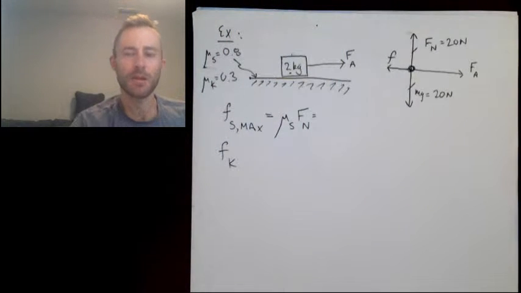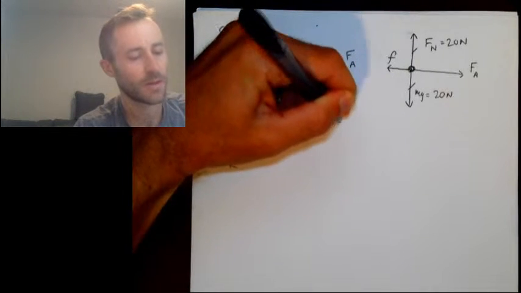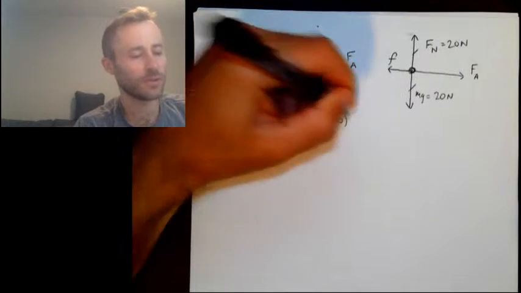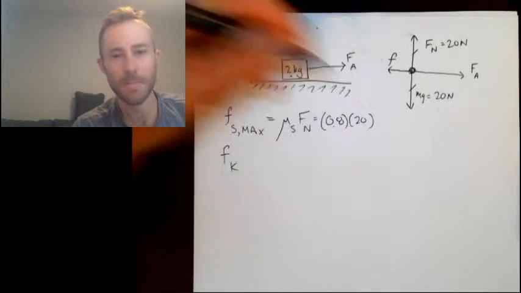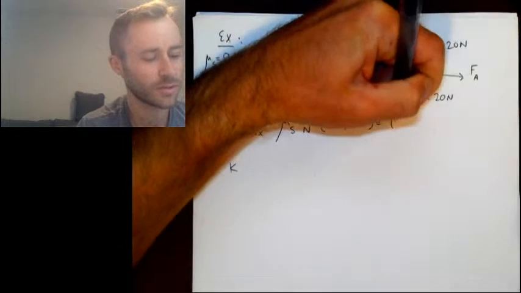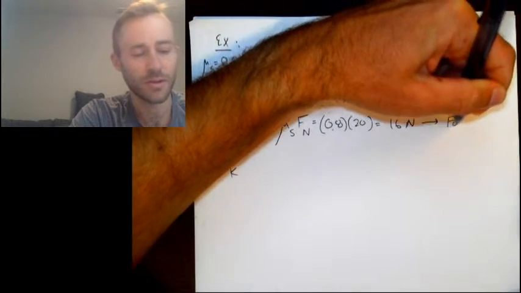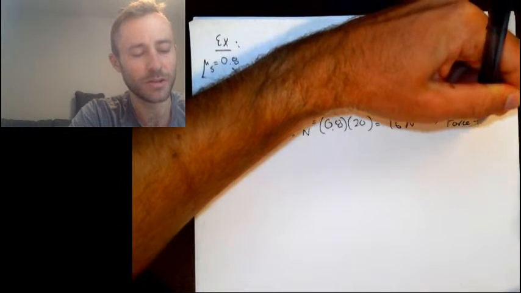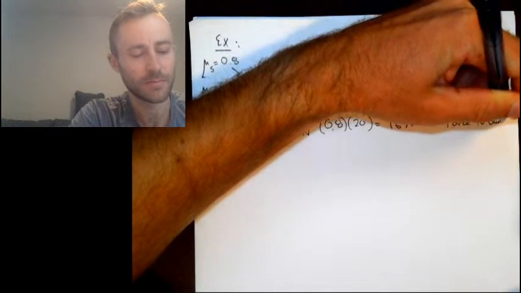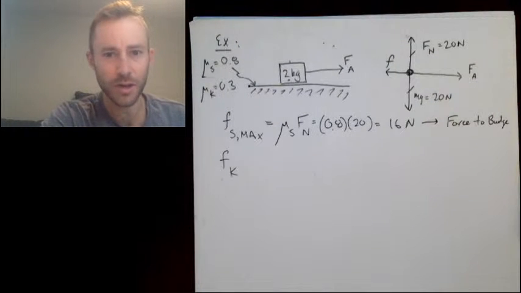Mu sub s is 0.8. The normal force is 20. So the maximum static friction is 16 newtons. This is the force required to budge. You need to apply at least 16 newtons to budge the object.